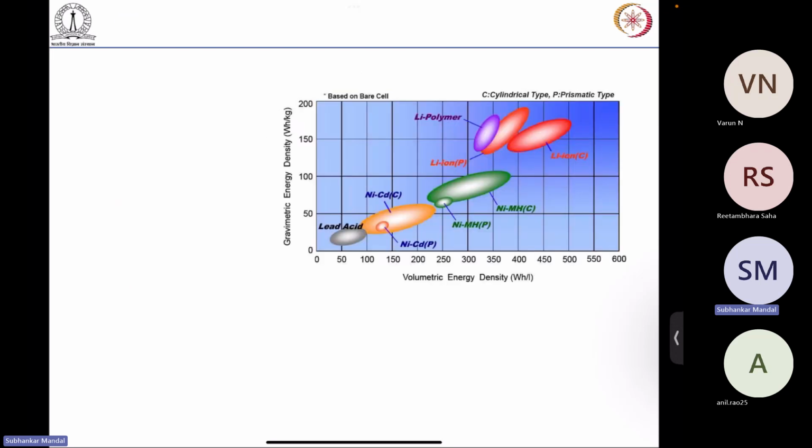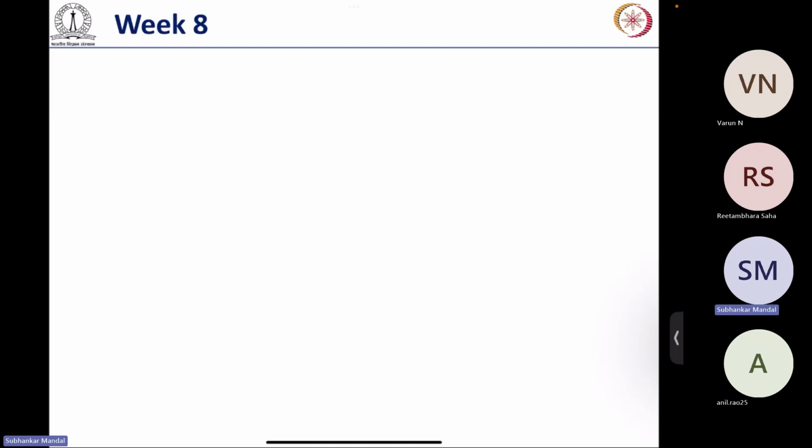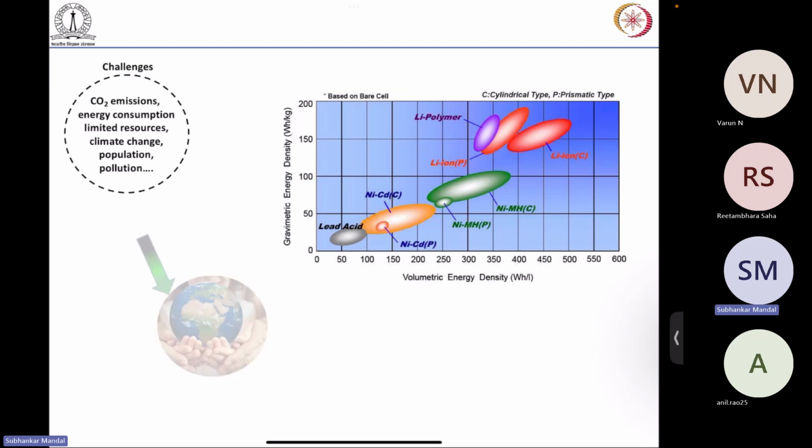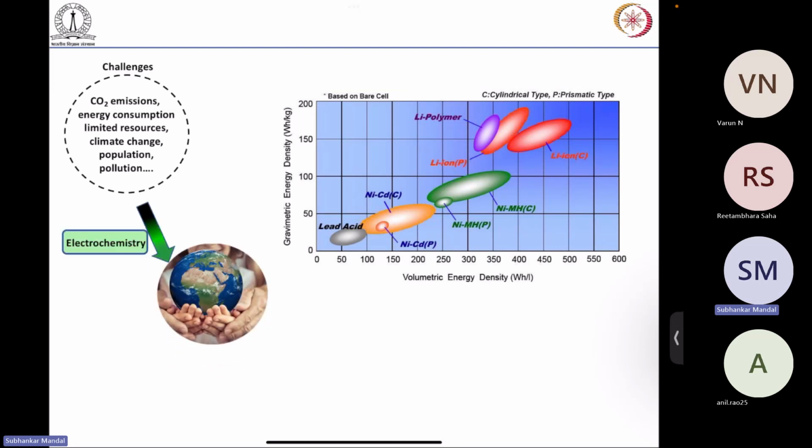Then in week 8 we have discussed battery technology. So basically we have discussed why you need electrochemistry, because it is quite interesting that you can control CO2 emission, as energy consumption is increasing day by day. So electrochemistry can save our world.